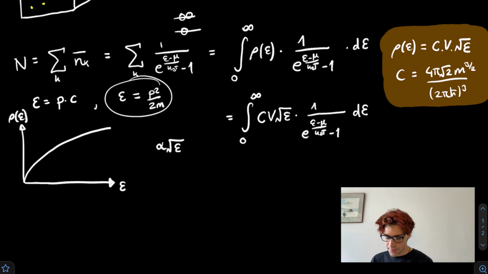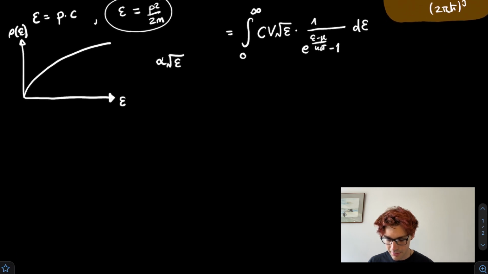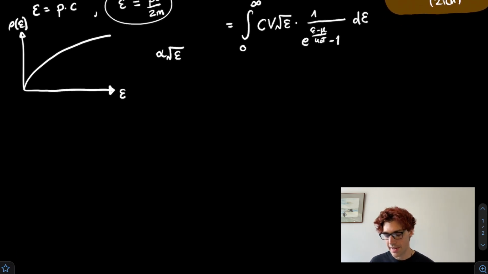Now, this isn't a hugely easy integral to perform right away, so we need to think a little bit before we actually perform it. The most problematic thing is this chemical potential mu right here.